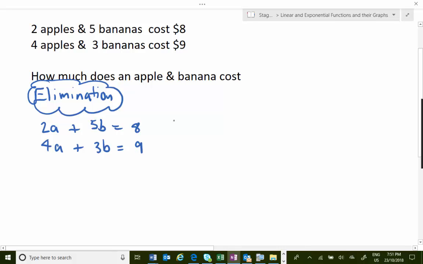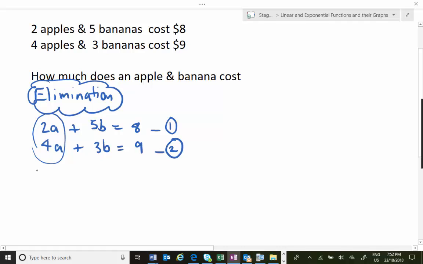We would call this equation number 1, and that one equation number 2. Essentially what I'm going to do is times equation number 1 by 2, because I'm going to make the first two values the same. I could do the same with the b's, but they're 5 and 3, so I'd have to times both of those by something.